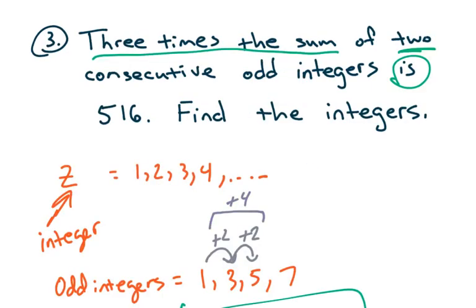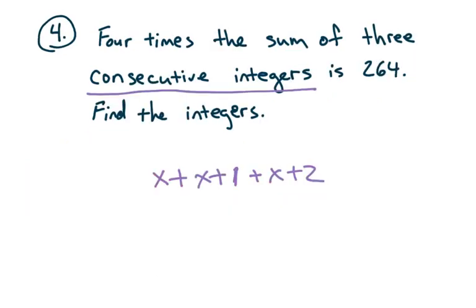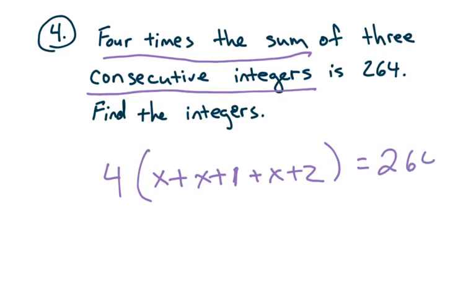And the reason why we do that is if we're doing consecutive integers, what's the jump between each of these? Well, the jump clearly is 1. And we're doing 4 times this, right? So notice again it says 4 times the sum, so times 4 equals 264.